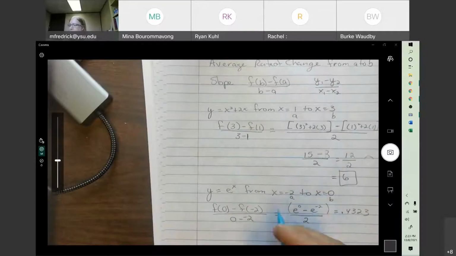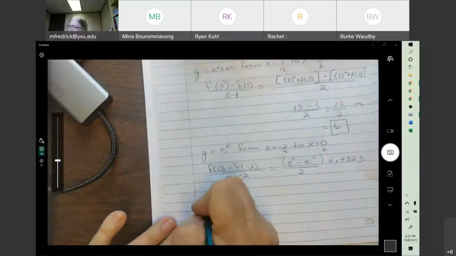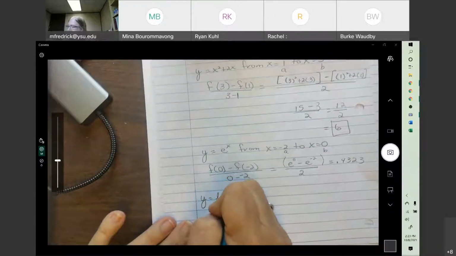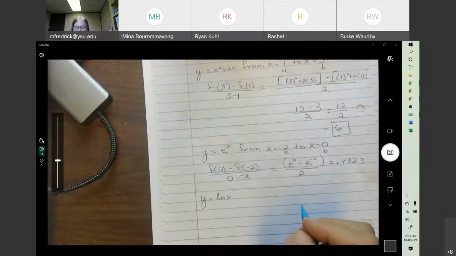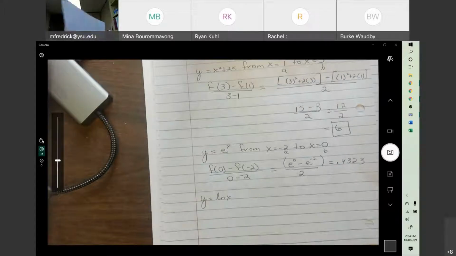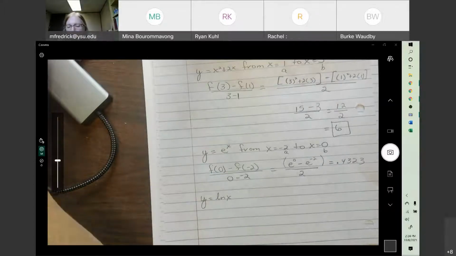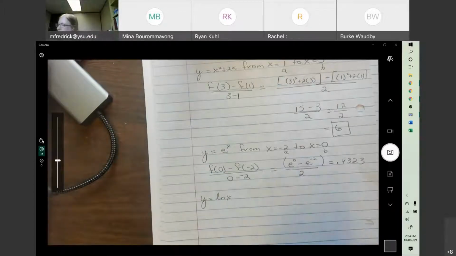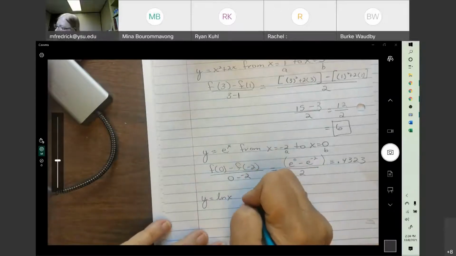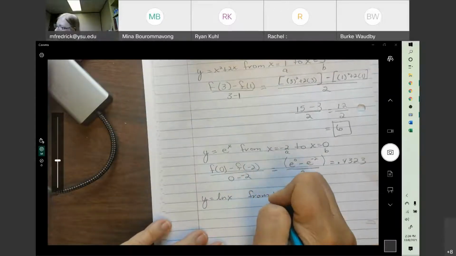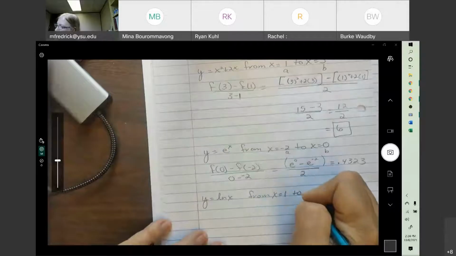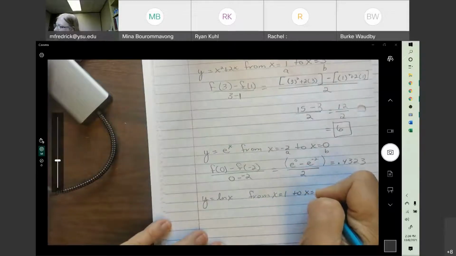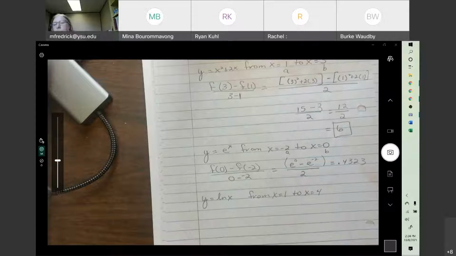Try one more. Let's try y equals the natural log of x from, let's do one that's, let's go from 1 to 4.